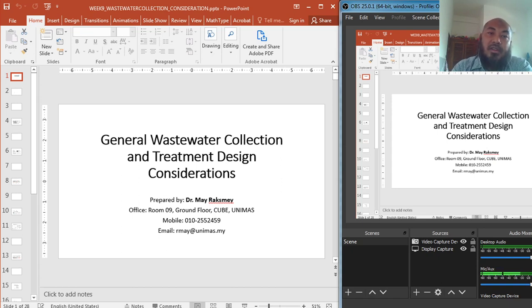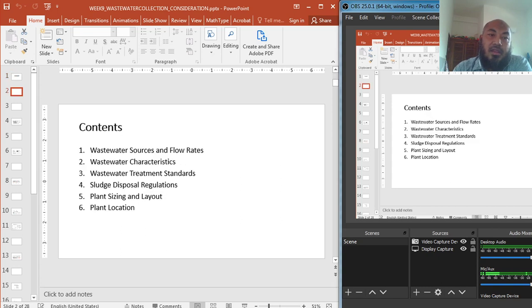As I mentioned earlier, from treatment capacity we can estimate the tank dimension, and at the same time the treatment plant site.